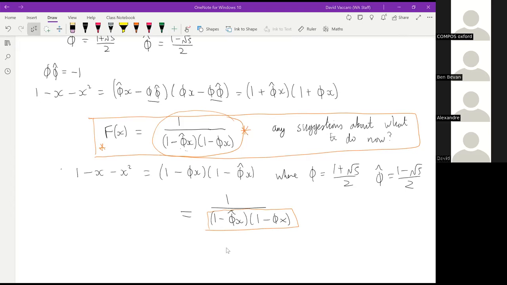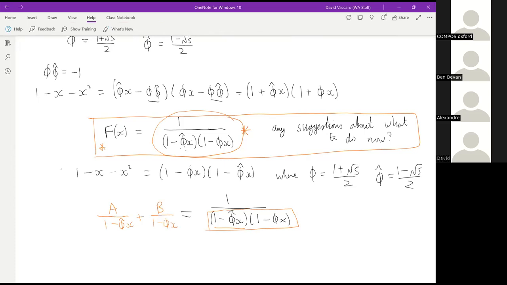Well, if you think about the way that you add fractions, the way that you add fractions is to make a common denominator. So what we could do is add fractions, one with denominator 1 minus phi hat x, and one with denominator 1 minus phi x.